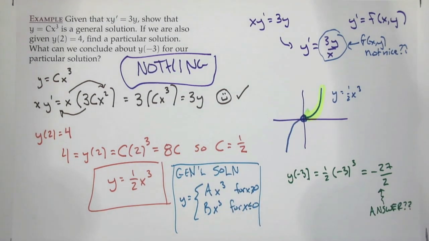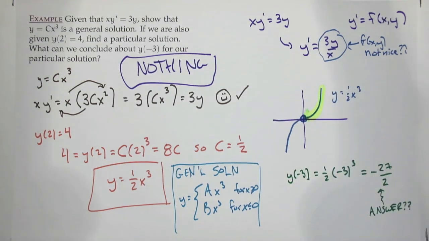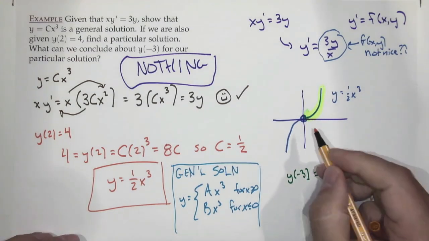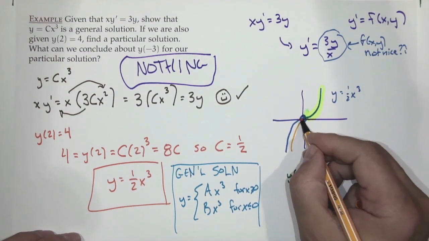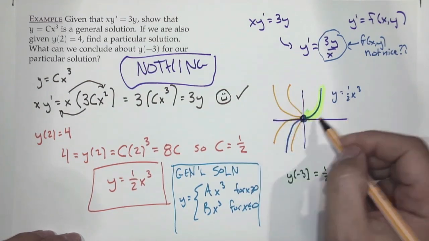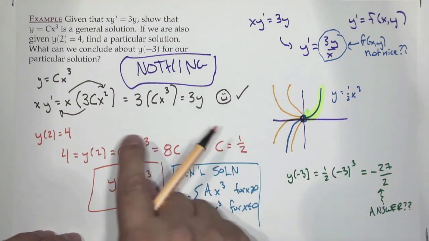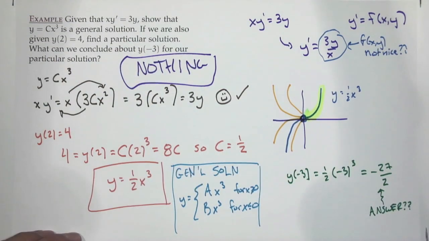And a and b can be chosen arbitrarily. So in other words, even though it has one behavior on one side, it could have completely different behavior on the other side of 0. So it might be coming down steeper, it might be coming down shallower, it might be coming up here. All of these are valid solutions. And all of them pass through our initial point of y of 2 equals 4.